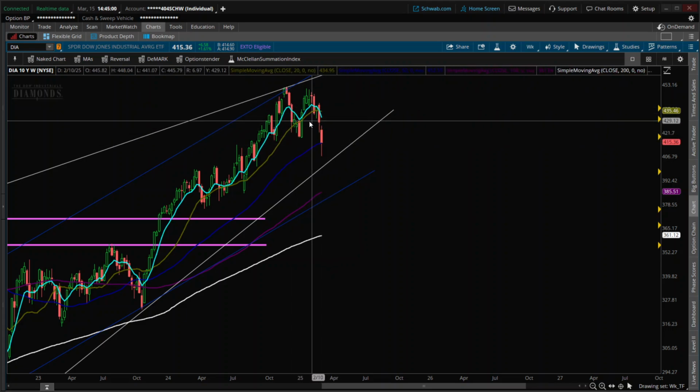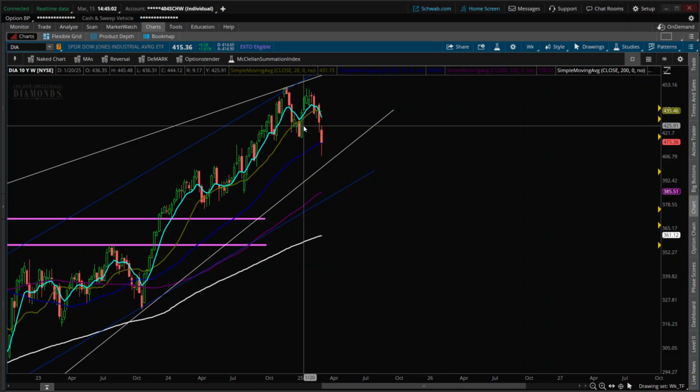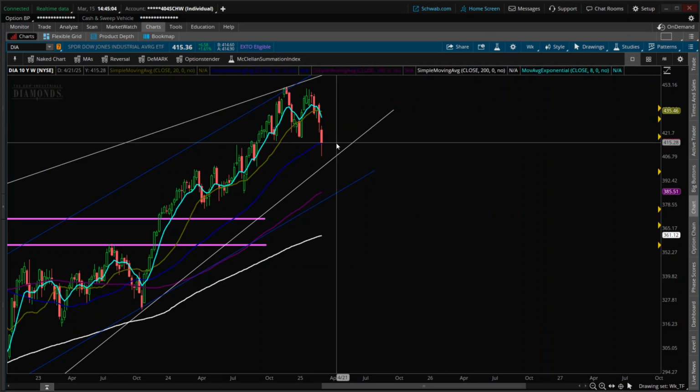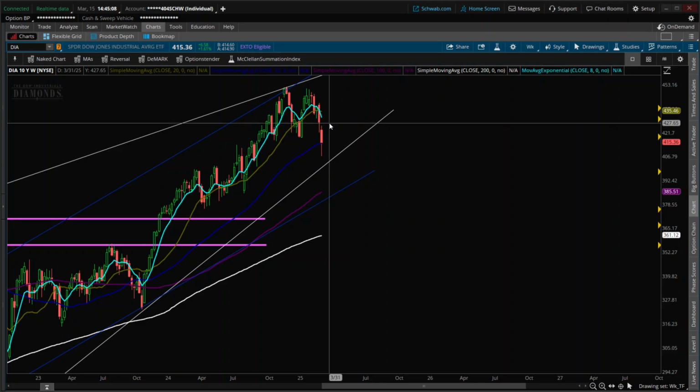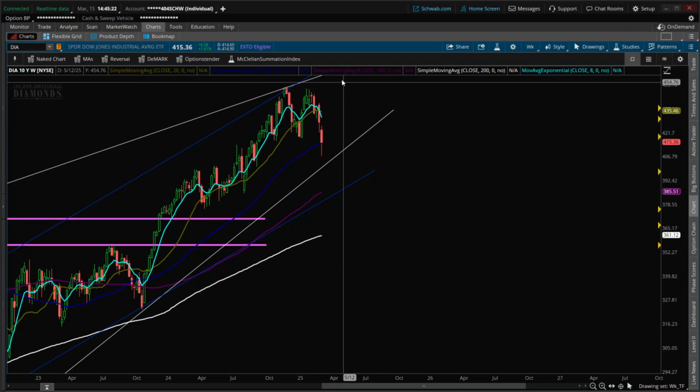So DIA, I like to think of it in my head, is just the counterbalance for whatever the market needs to do going into, for example, FOMC on Wednesday. Let's say tech is really, really strong, but it doesn't fit that tech is going to just rip right now and the whole market is going to make new highs.